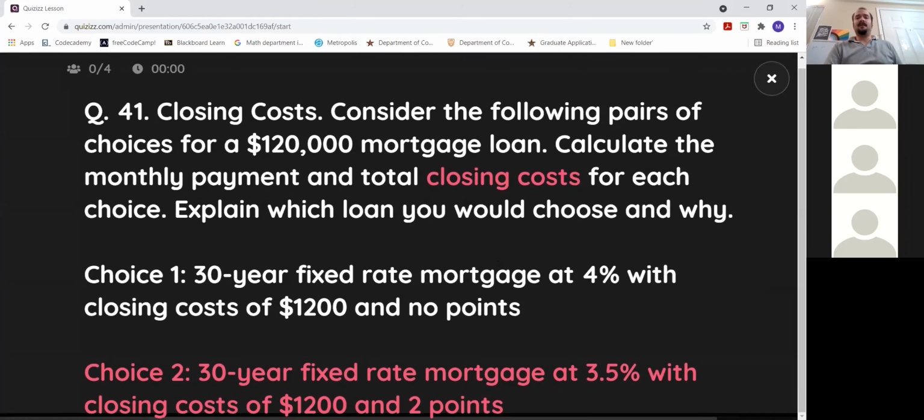Closing cost. So we're doing 2 points. 2 points is talking about 2%. They're talking about 2% of your principal. So we're going to do 2% of our principal, and we're going to do 1,200 flat cost.